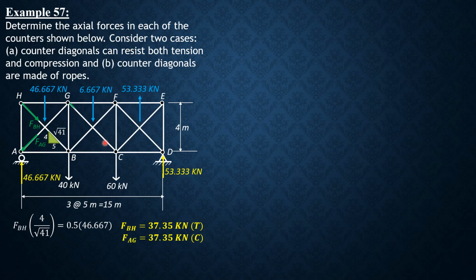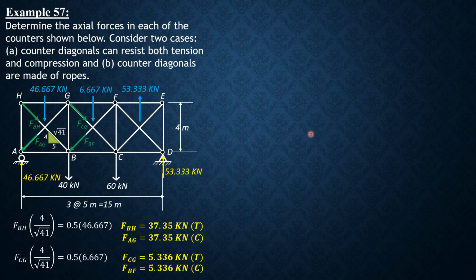We then proceed to panel BC, so FCG is tension, FBF is compression. By assumption A, the vertical component of FCG, which is FCG times 4 over square root of 41, is equated to half the panel shear, 0.5 of 6.667. So we get FCG 5.36 kilonewtons tension. Automatically, by symmetry, FBF is 5.36 kilonewtons compression.